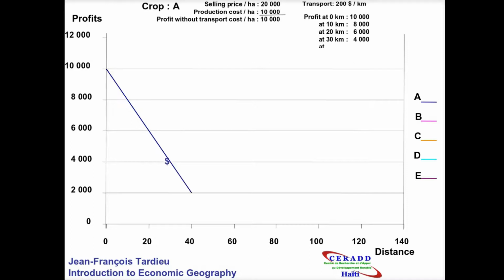At 20 kilometers, it will bring back 6,000. At 30, 4,000. At 40, 2,000. At 50 kilometers, A will not bring any profit. Beyond 50 kilometers, nobody can cultivate A, under penalty of bankruptcy.